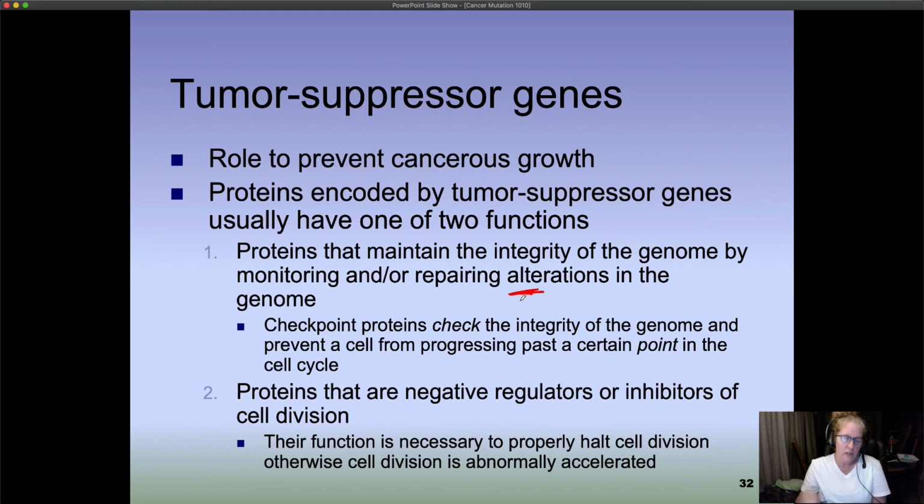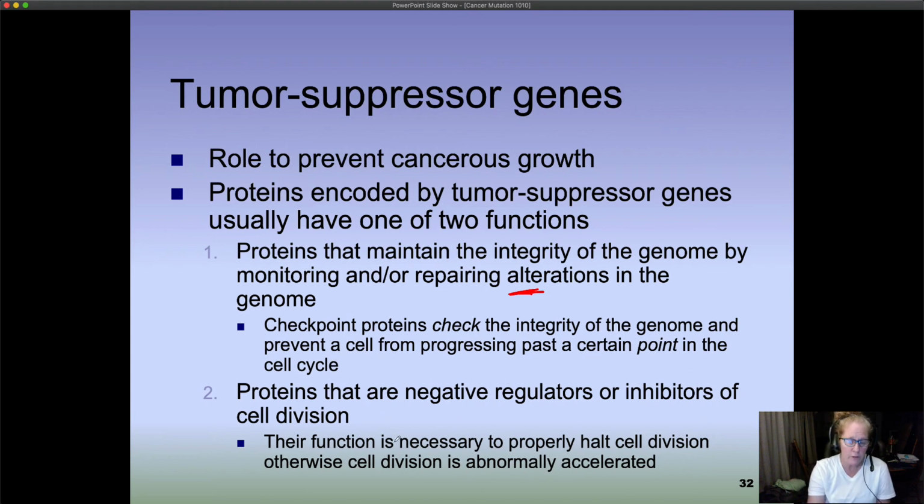And they're just going to maintain the integrity of the genome. So these genes need to be on all of the time so that the DNA is constantly being checked. Of course, if we have disruption of one of these genes, then some of these checkpoints will get missed. If checkpoints get missed, then we're going to start seeing mutations beginning to accumulate.